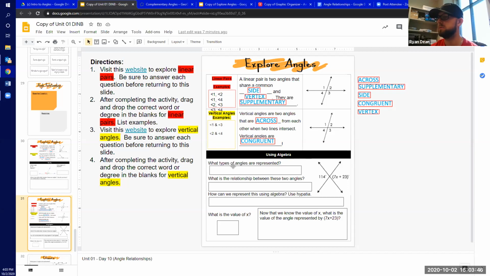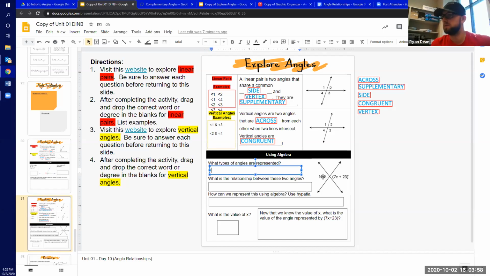Now, type of angles goes back to the classification. The first thing we need to do is classify these two. Since this angle right here is 114 degrees, that's going to be an obtuse angle, and the relationship between the two angles is the vertical pair.